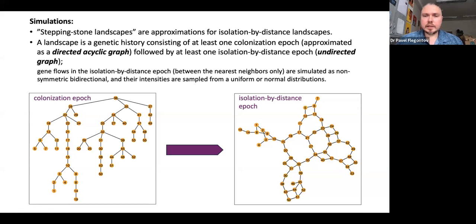And in our simulations, we usually sample intensities of these gene flows from certain uniform or normal distributions, so that the intensities of forward and reverse flows are allowed to vary in space and time.